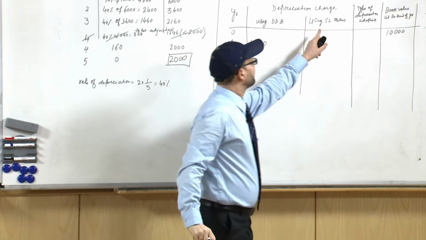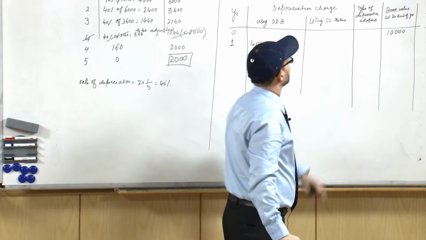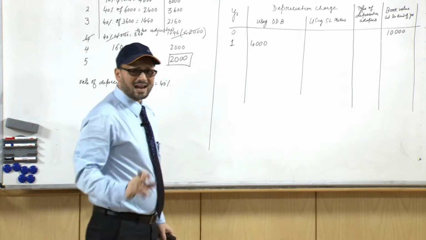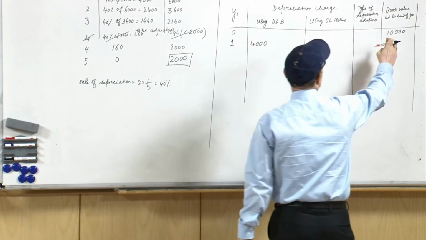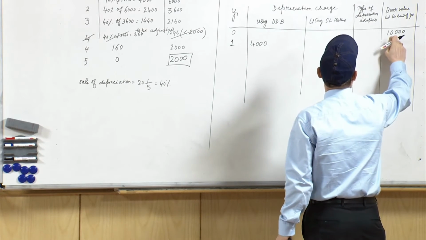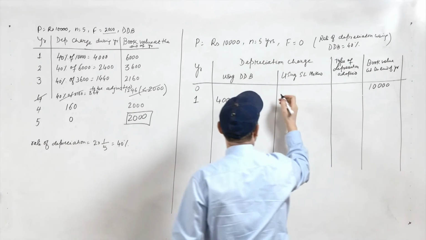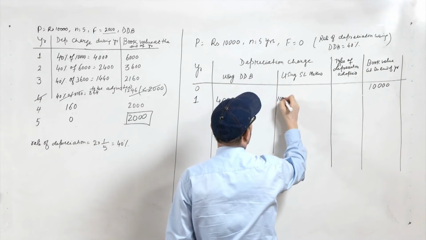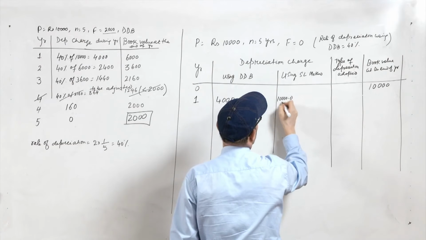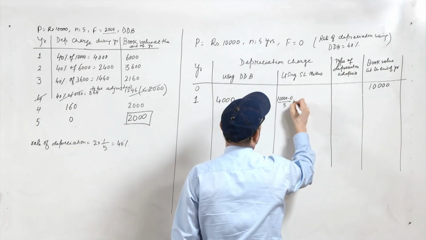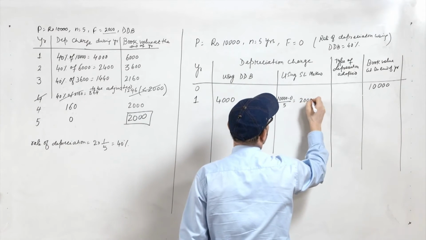If we calculate the straight line method of depreciation, the amount of depreciation will be 10,000 minus 0 and you have 5 years of life left. So, it will be 10,000 minus 0 by 5, that is 2,000.